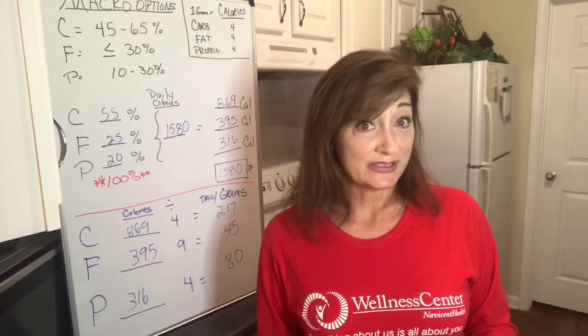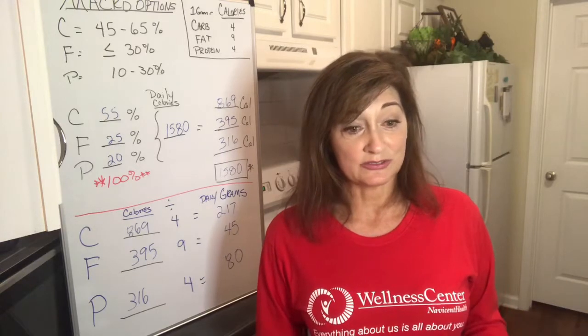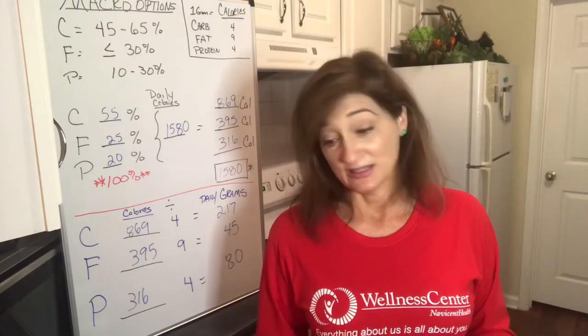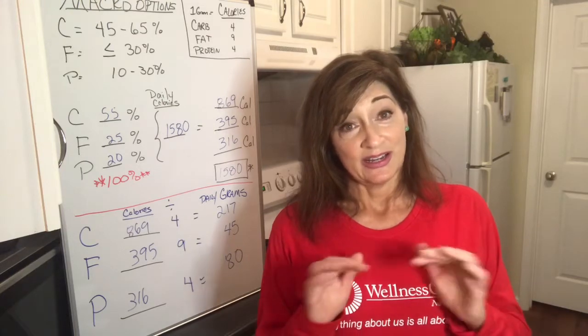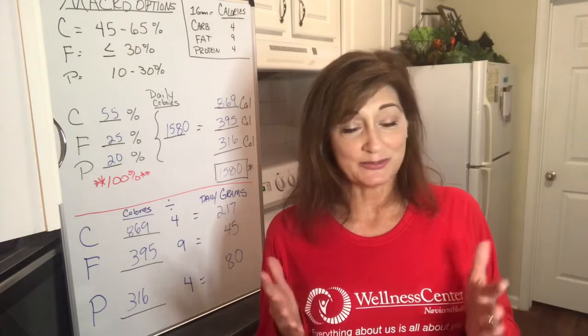For example, you can go in there and look for 4 ounces of baked chicken breast, and there could be 6 entries in there. I'm just going to make up numbers because I can't remember right now how much it is.